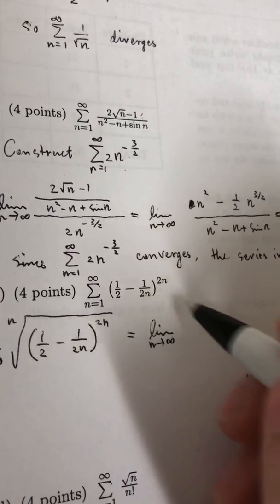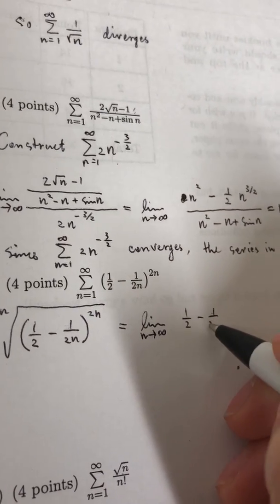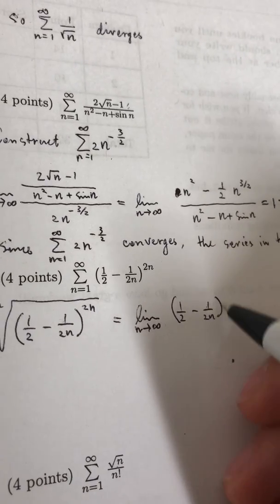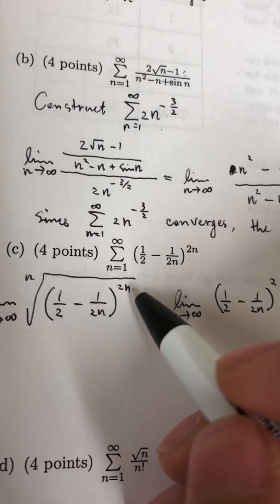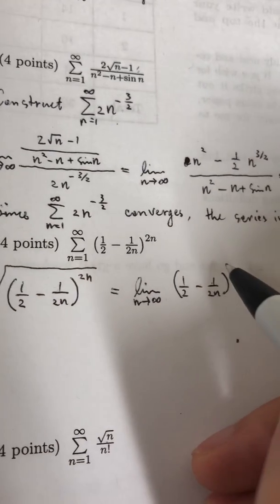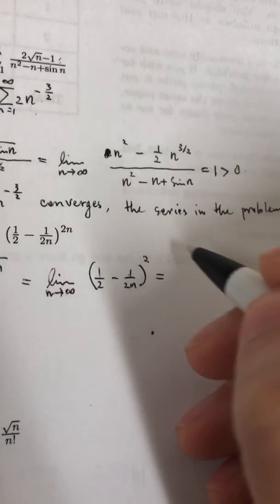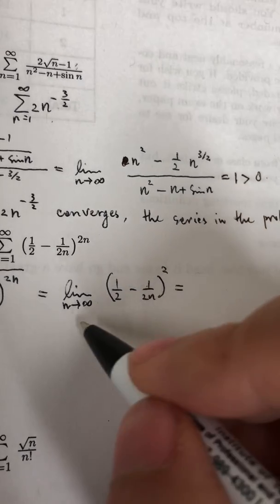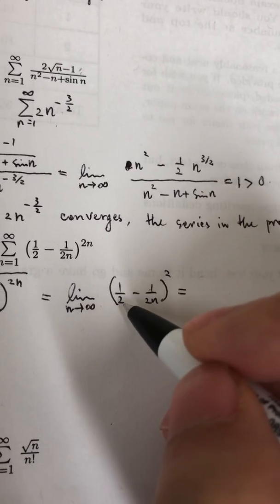Now, obviously, it's equal to 1/2 minus 1 over 2n squared. Okay, 2n divided by n, you get 2. Inside the parenthesis, when n goes to infinity, the limit is 1/2.